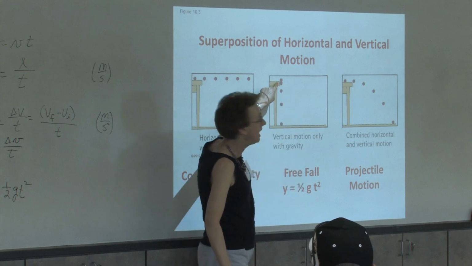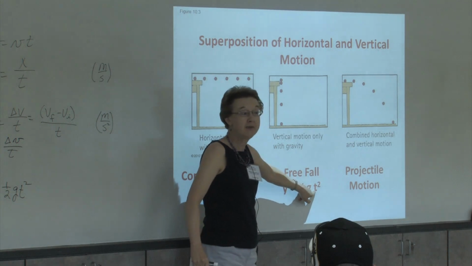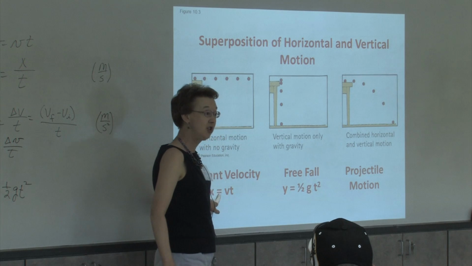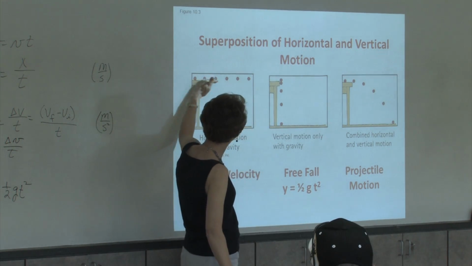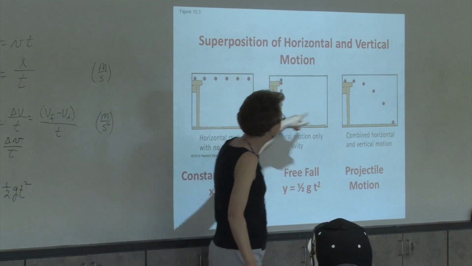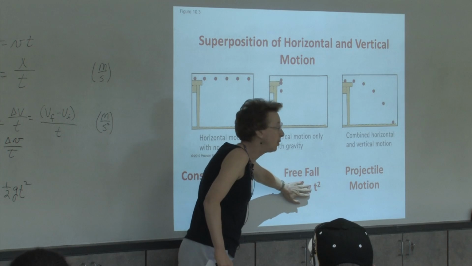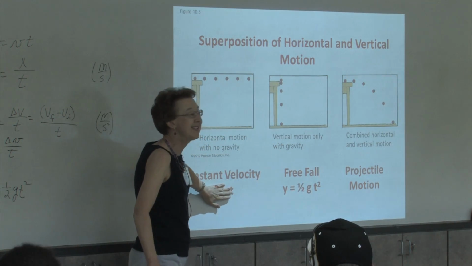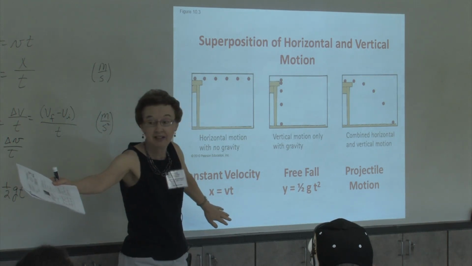If you know how high something is, you can determine how long it's falling, and you might be able to use that in other equations, because the actions are independent. Going this way and coming down, you end up with projectile motion, but you might use one equation to determine, for example, time, and then use it to find something else over here. How far did he go from the hotel?